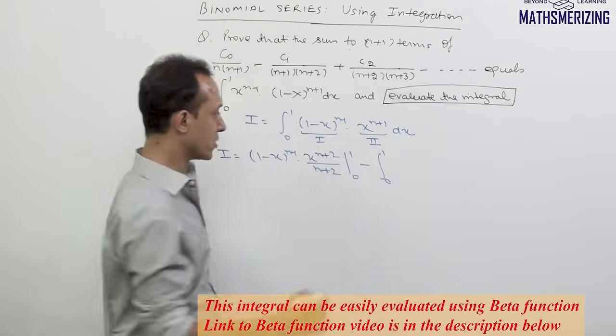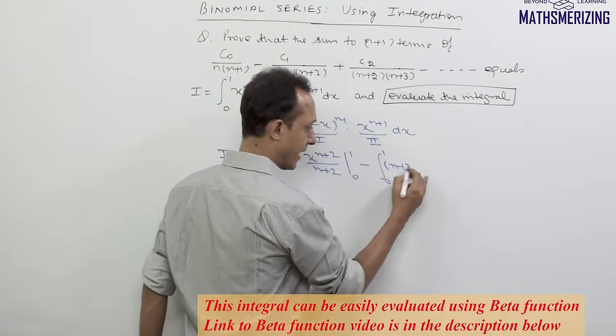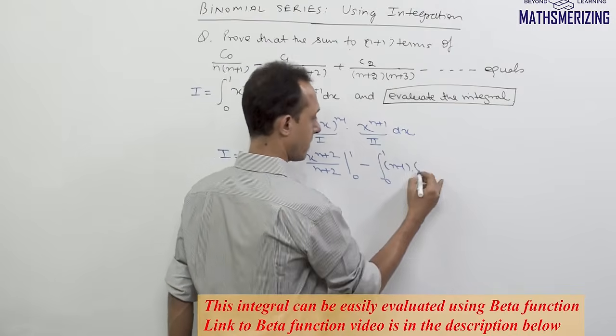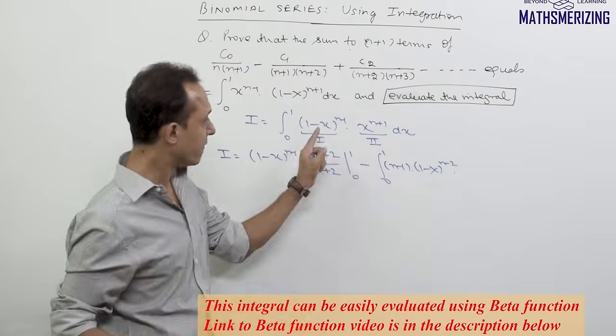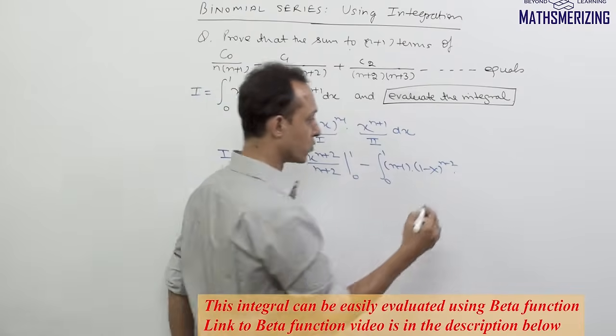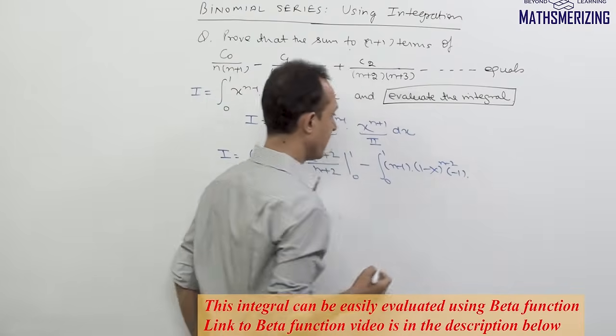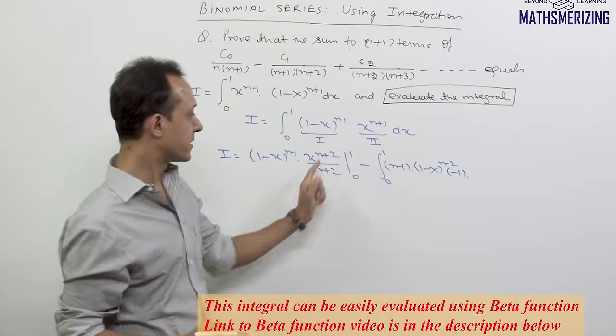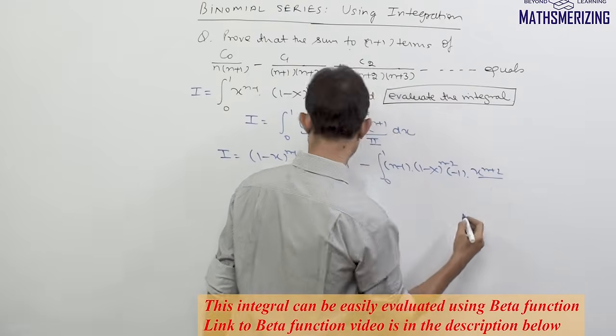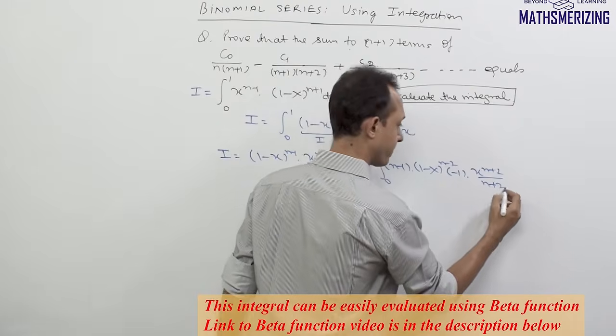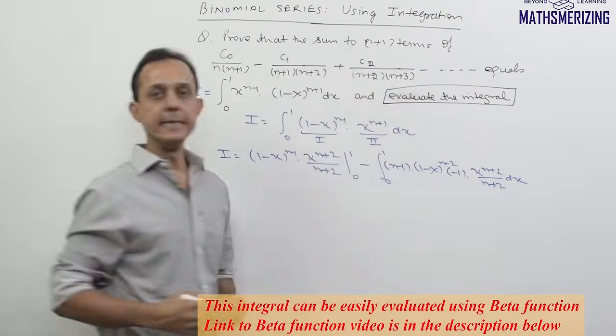Now I'll differentiate the first one, so I'll get n minus 1 into 1 minus x to the power n minus 2. The derivative of minus x will be minus 1, and then the integral of this function, x to the power n plus 2 upon n plus 2, into dx.